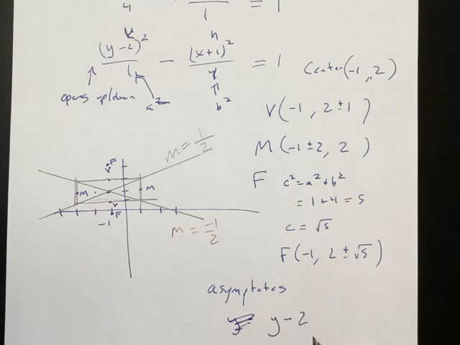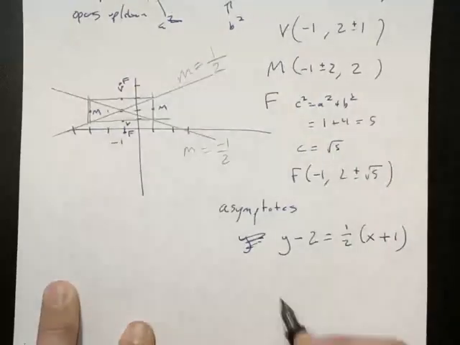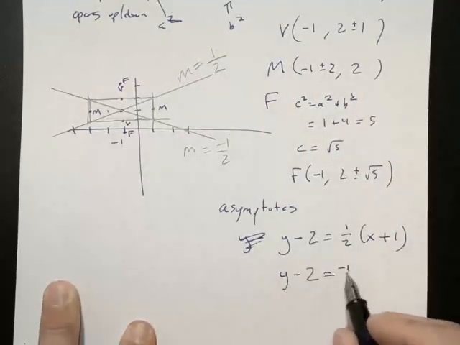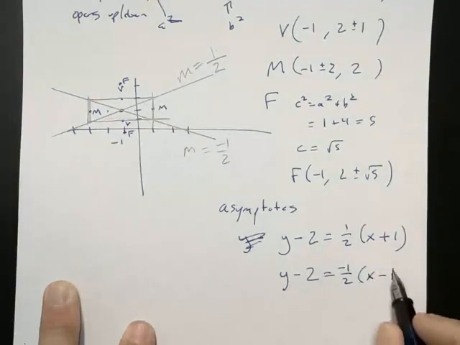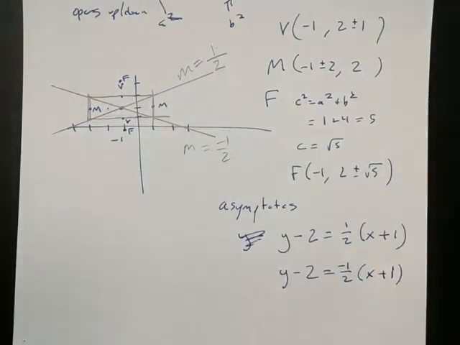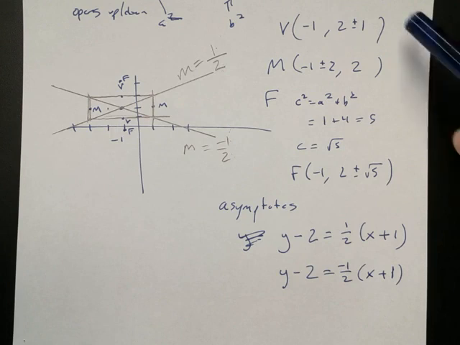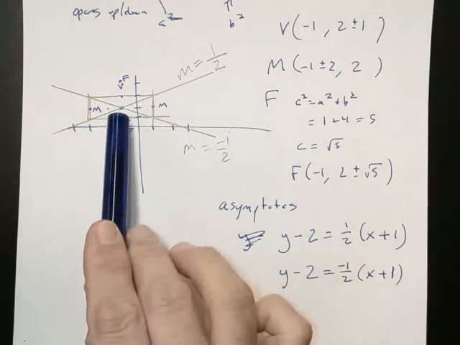Y minus y value equals slope times x minus x value. When we did them on Tuesday, we just wrote y equals mx, but that was because we were going through the point 0, 0. This time we're going through the center. And now I can draw my picture.